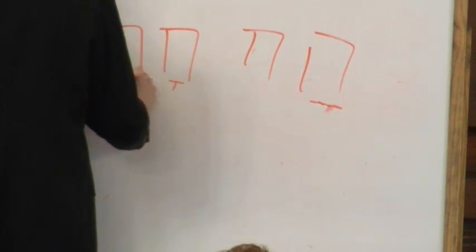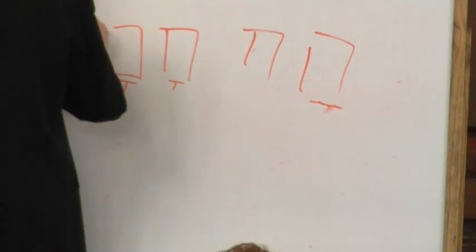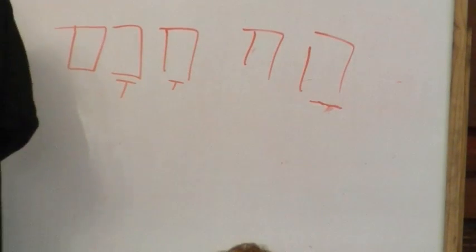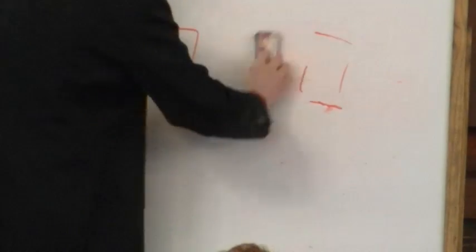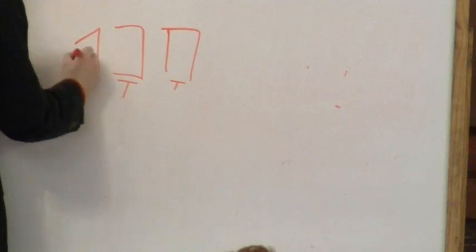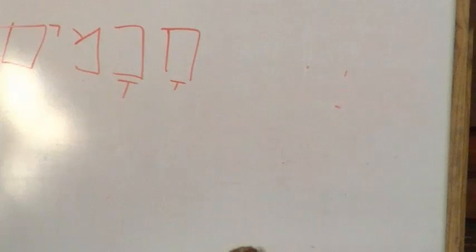So here's chakam. Wise man, wise person. Now you stick the ending im on there. Instead of one wise man, now you have several wise people. So the final name, im. Chakamim.